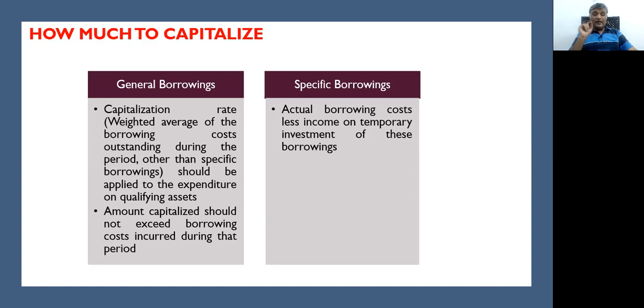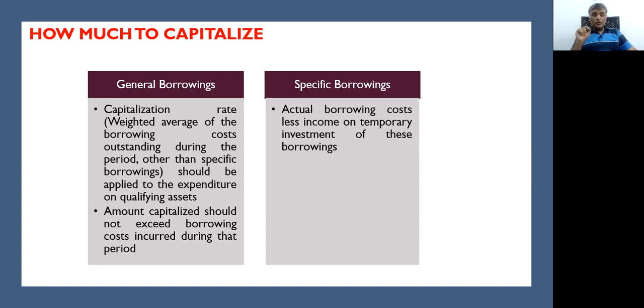That is important and very important. Since you are applying a weighted average rate, you should also take care to ensure that the total interest which you are capitalizing should not exceed the actual borrowing cost, because you have actually borrowed at 10, 10.5 and 11. So there is always an actual interest cost which you will be paying.